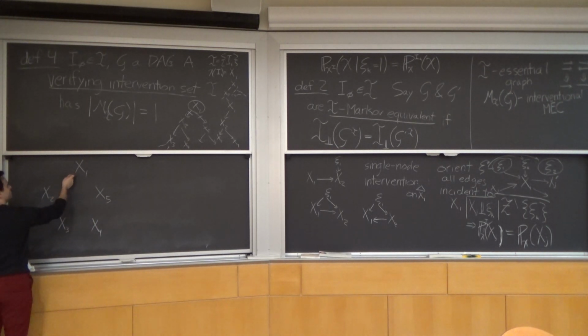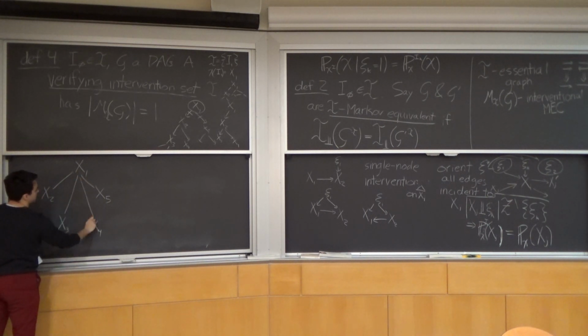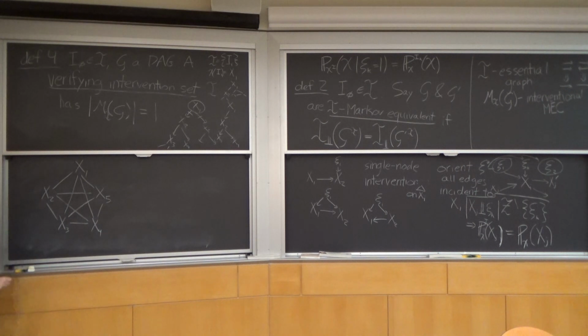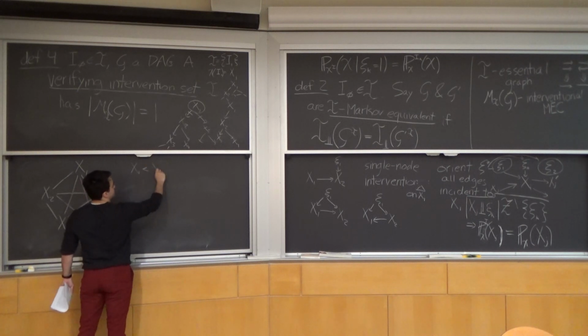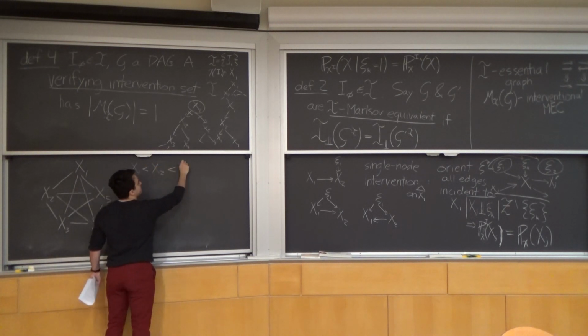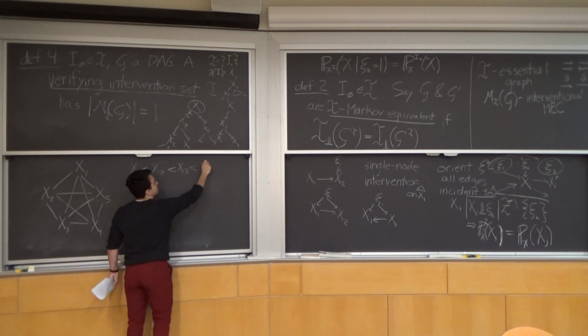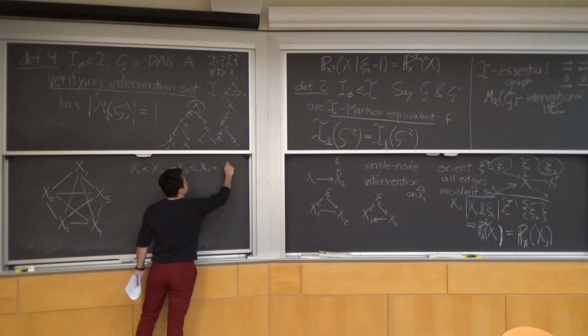If I say, as a teacher, that the topological order of this is actually x1 comes first, and then x2, and then x3, x4, x5.